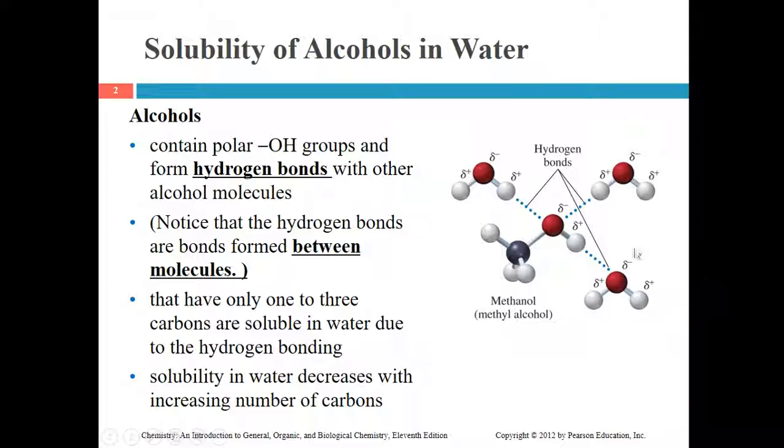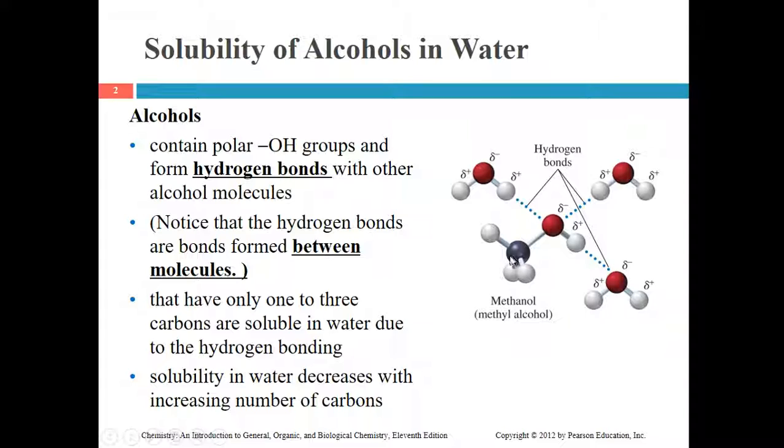So we have a total of 3 water molecules with this attraction, and if you remember, like dissolves like, so this alcohol can dissolve in water.